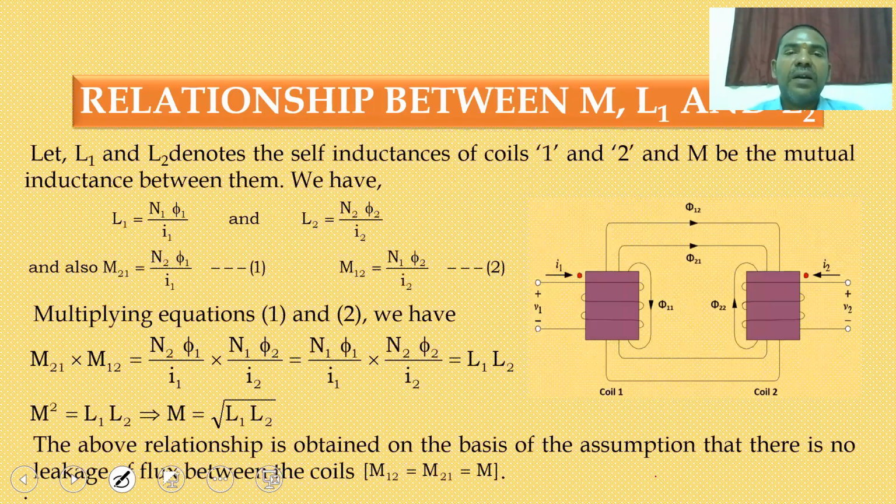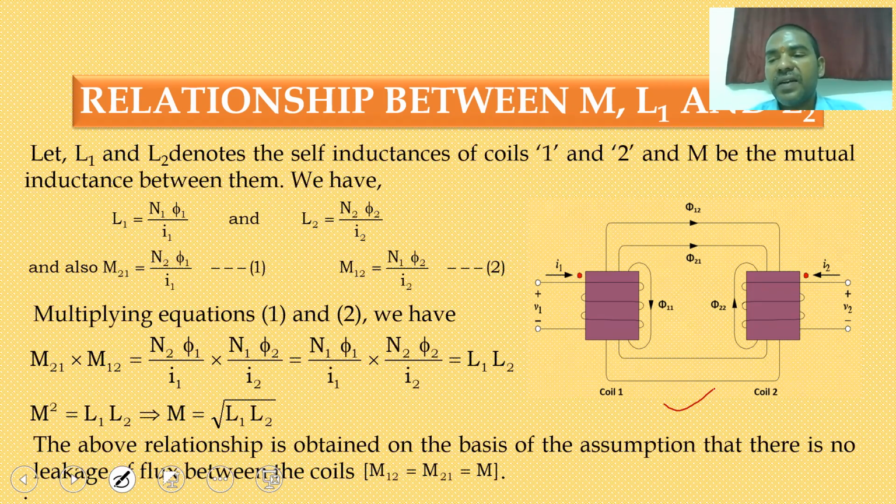Now coming to the relationship between mutual inductance and self-inductance of two coils. Here I have taken two coils. The number of turns of the first coil is N1, the number of turns of the second coil is N2. The primary side voltage is V1 with a current of I1.